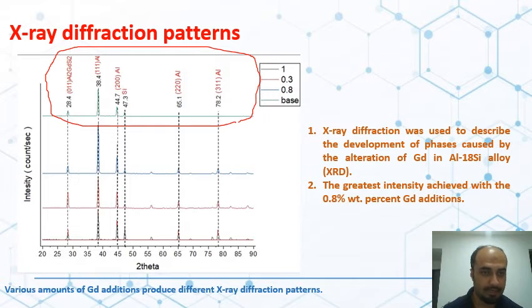The highest intensity that we have is at 0.8, and we also have the ternary and binary phases. The ternary is here at 28.4 theta degrees.